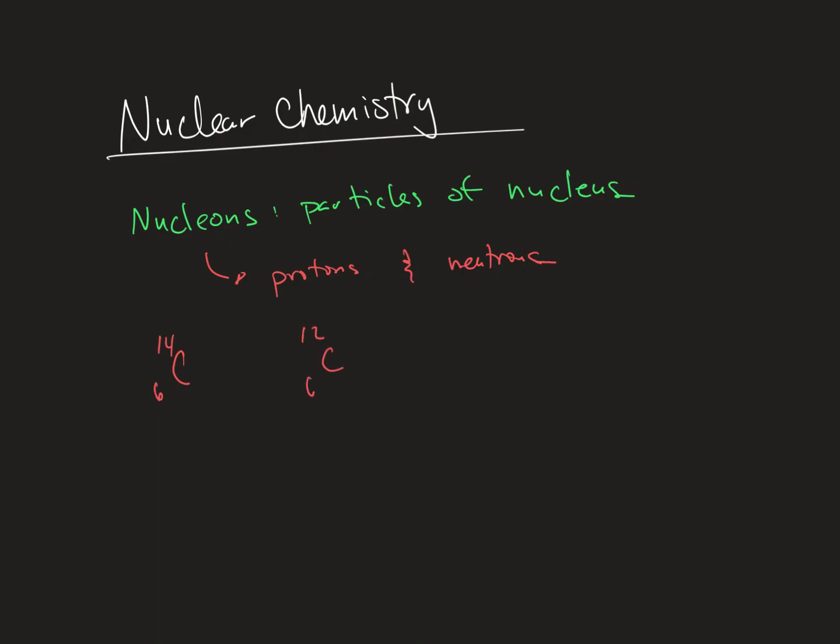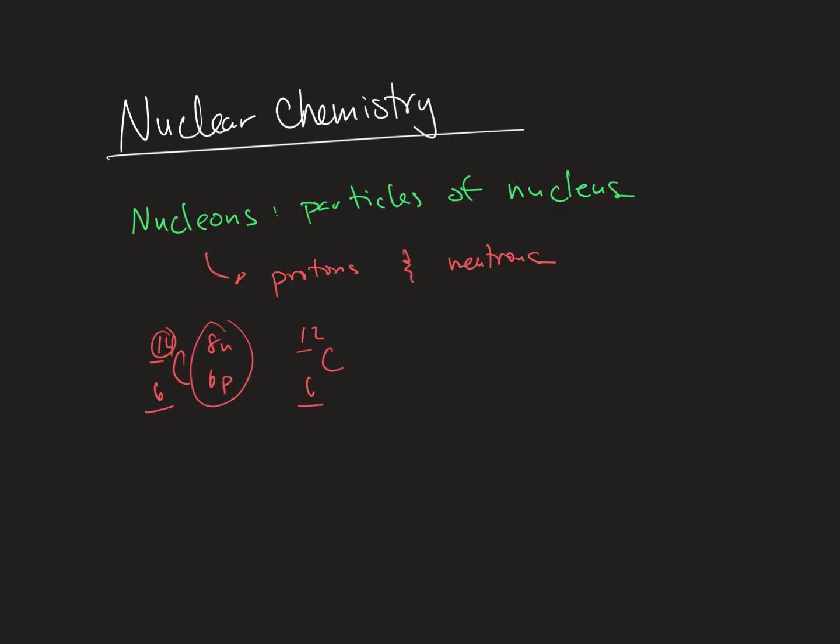Two different isotopes of carbon. They both are carbon because they both have 6 protons, but they have different masses because they have different number of neutrons. You with me? So how many neutrons does a carbon 14 isotope have? 8 neutrons and 6 protons. You add them together and we get the 14.